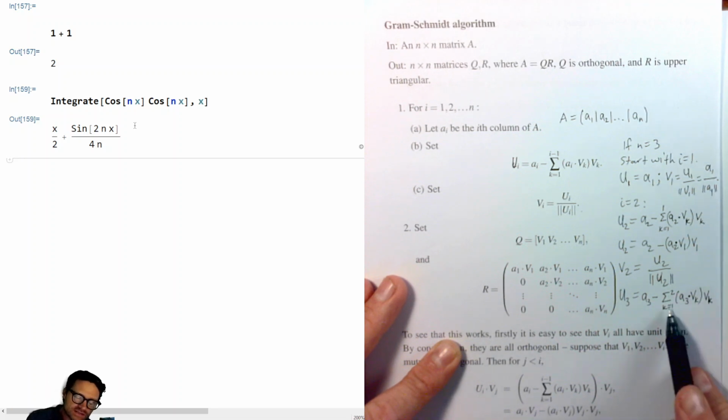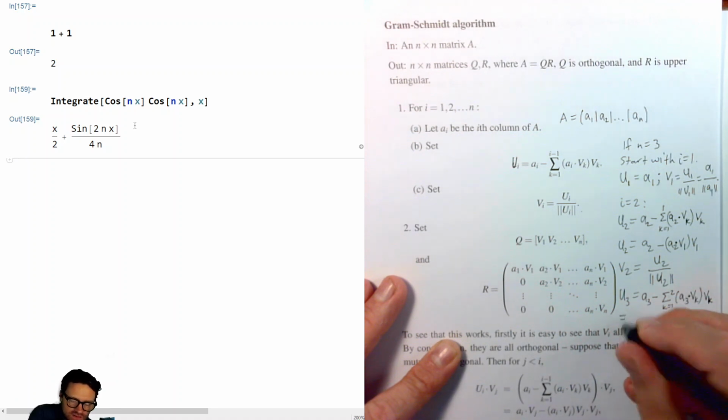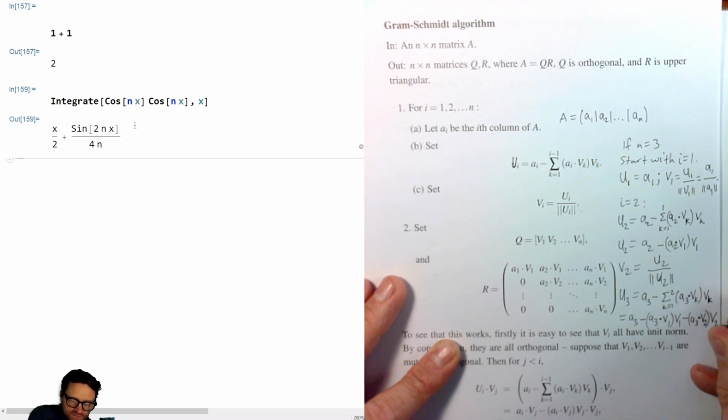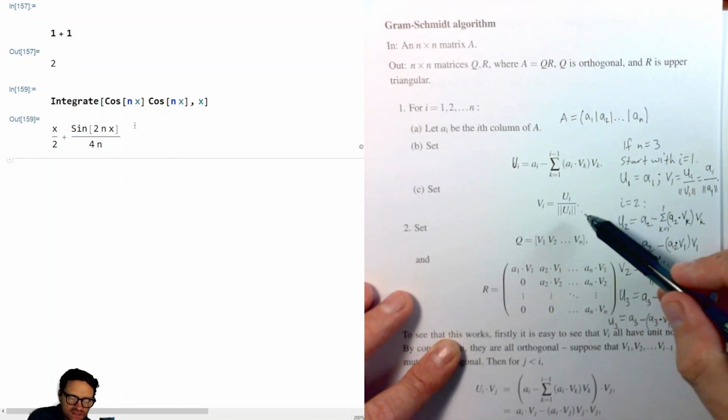Let's write out this sum. So this is A3 minus, now we put in k equals 1, A3 dot V1 multiplied by V1, and then A3 dot V2 for k equals 2 times V2. Remember this is U3, and from there we would then calculate V3.